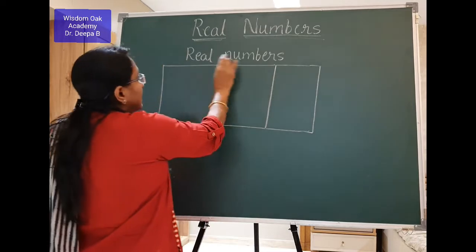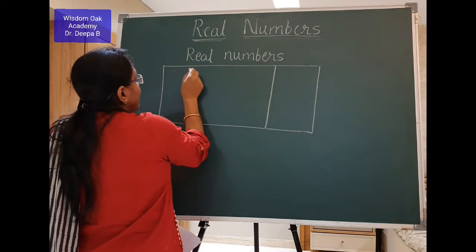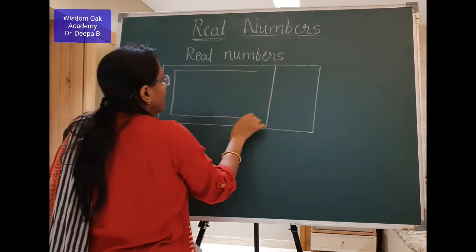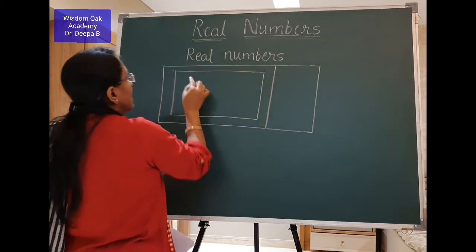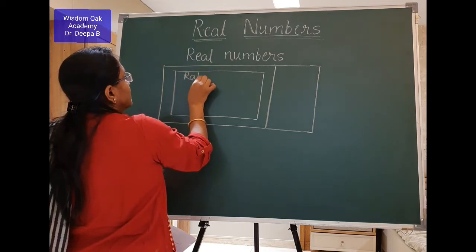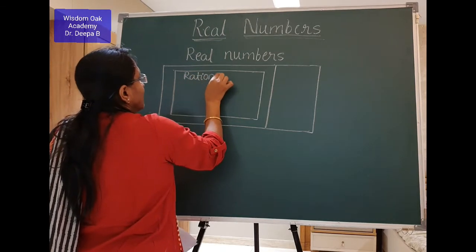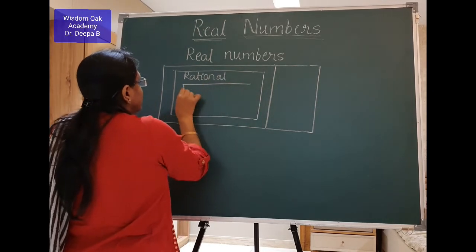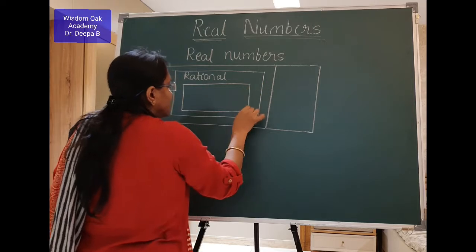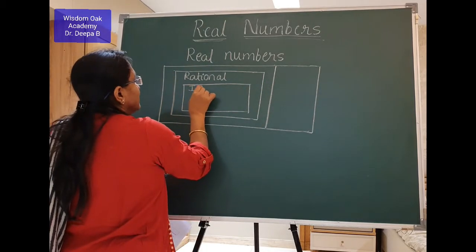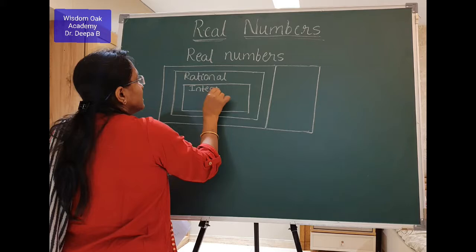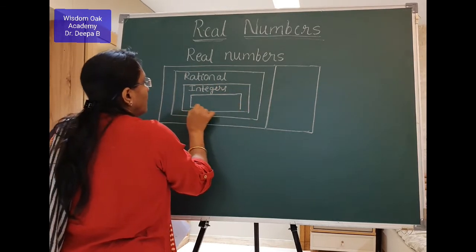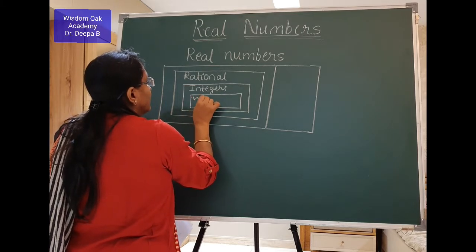So, here in real numbers, it consists of first rational numbers. Okay, like rational numbers means our grandparents. We'll consider like that. So these are rational numbers. Next is set of integers. So these are our parents, integers. Next is whole numbers. Whole numbers means I am the whole number here.